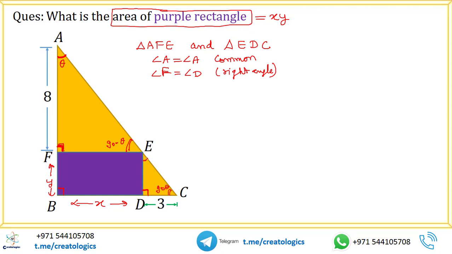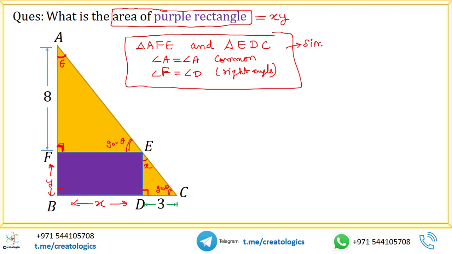So I can say these two triangles are similar triangles by AAA similarity, which is angle similarity, or you can say AA or AAA similarity.